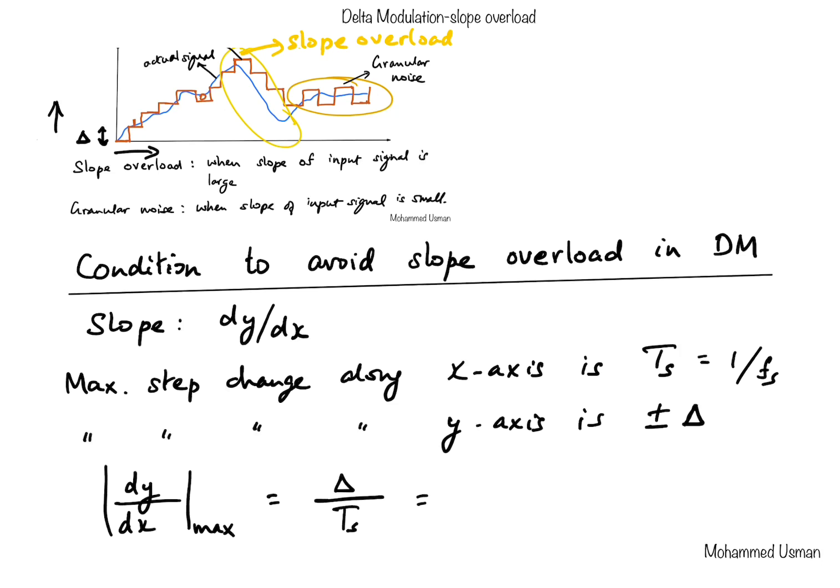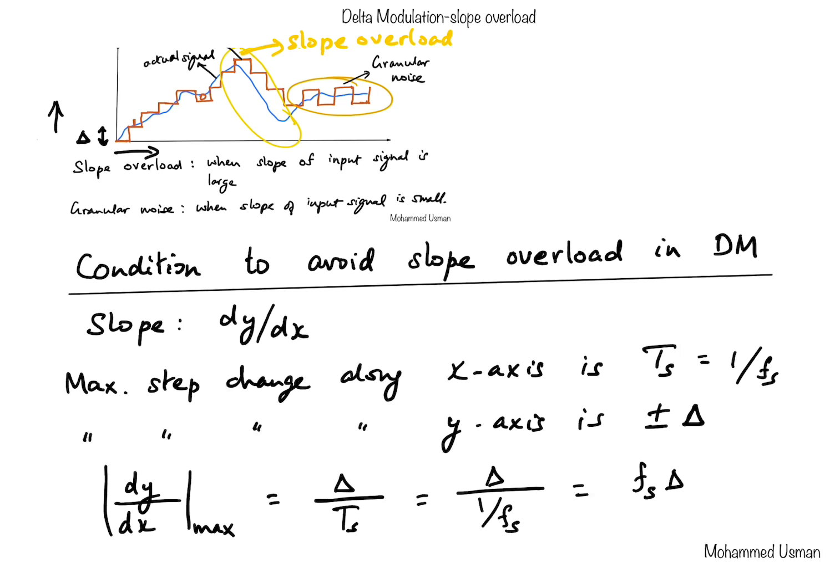So that is delta divided by Ts, where Ts is 1 by Fs. We can write that as Fs times delta. That is the maximum slope that the delta modulator output can support.